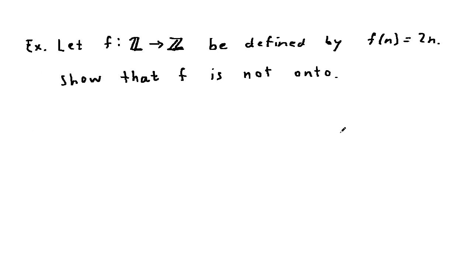Let's look at another example. Let f from Z to Z be defined by f of n equals 2n. Show that f is not onto. To show this, we just need one element in the codomain Z that has nothing in the domain Z sent to it.